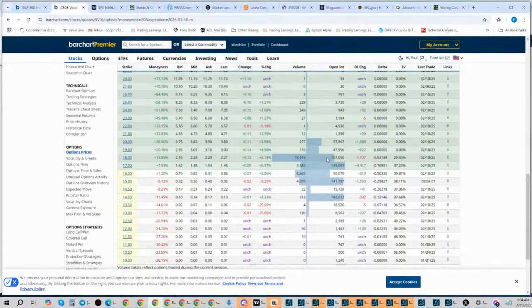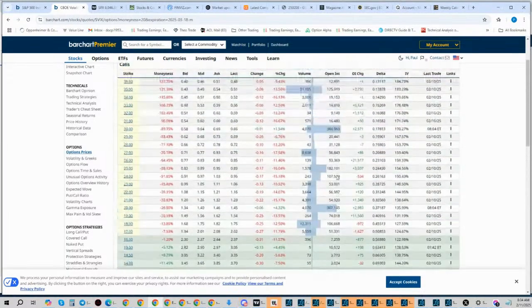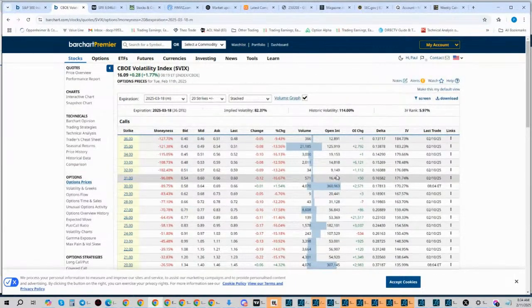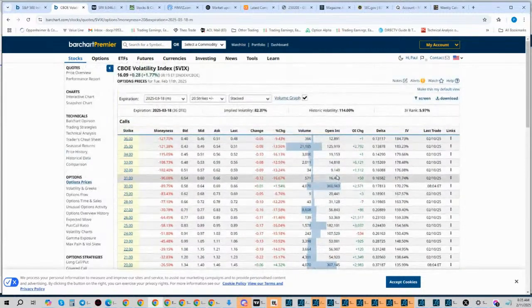On the downside, again, we have that 18 area. We have these puts over here, 18, 17, 16. So if we unpin on Wednesday, Thursday, Friday, and if VIX can get meaningfully over 16, 17, we could have that March sell-off that people have been talking about.